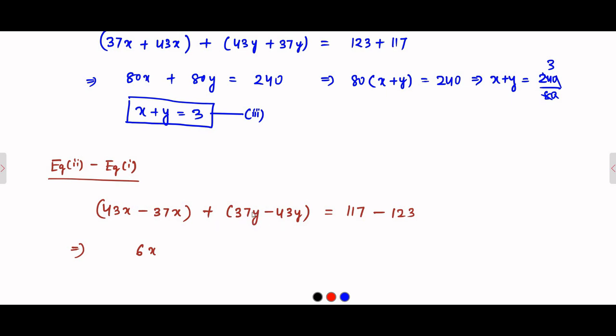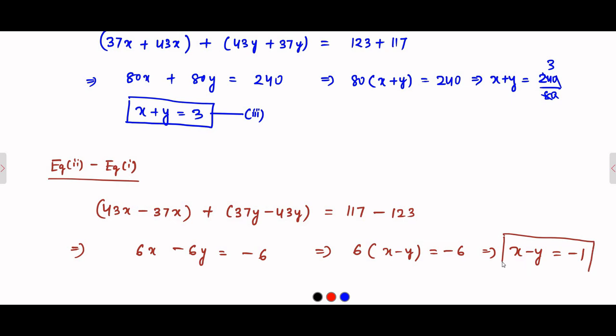So 6x minus 6y is equal to 117 minus 123, that is equal to minus 6. So that implies 6 into (x minus y) is equal to minus 6. That implies x minus y is equal to minus 1. This is, let's say, equation 4.